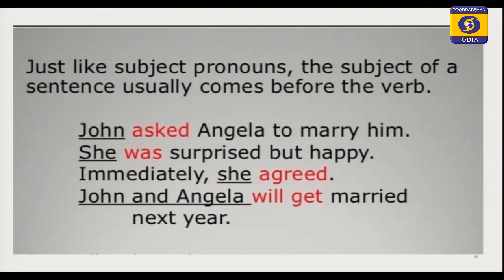Here the verb is agreed. Now come to the last sentence. John and Angela will get married next year. Here, what is the verb? Will get. So, John and Angela is the subject. Understood? So, this is the form of declarative sentences.